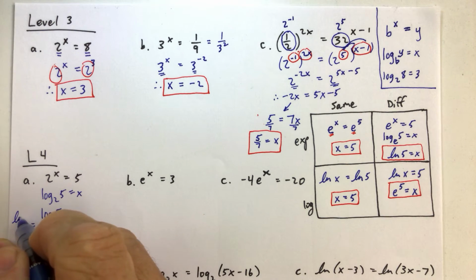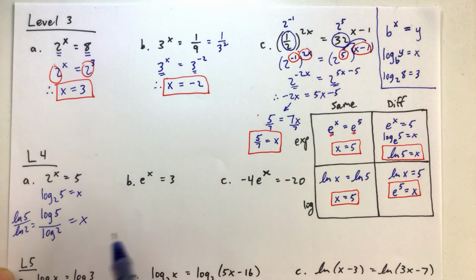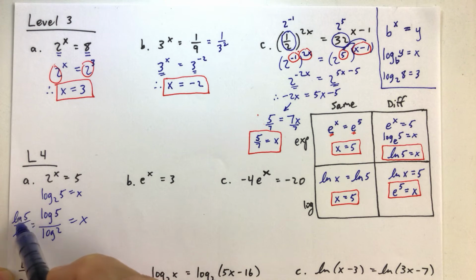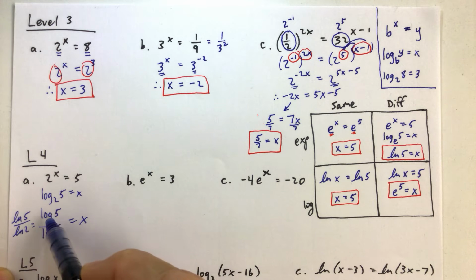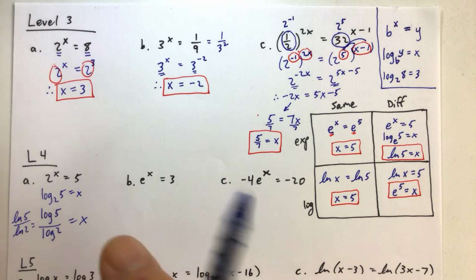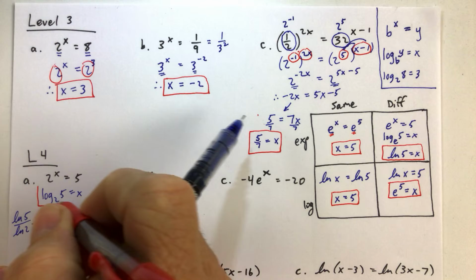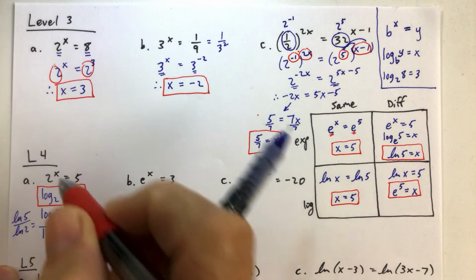And if you were to type both of these expressions into a calculator, you would get the same exact value: ln of 5 over ln of 2, or log of 5 over log of 2. I'm not sure what that is exactly, but if you typed it in, you would get the same exact value. So any one of these could be used as your ultimate answer as long as you get x by itself.